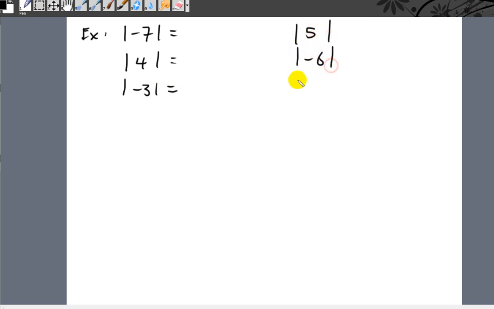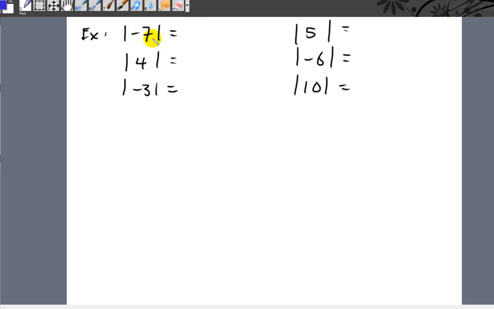Let's do some quick examples, so hopefully we're all on the same page. Let's say I ask you what the absolute value of -7 is.